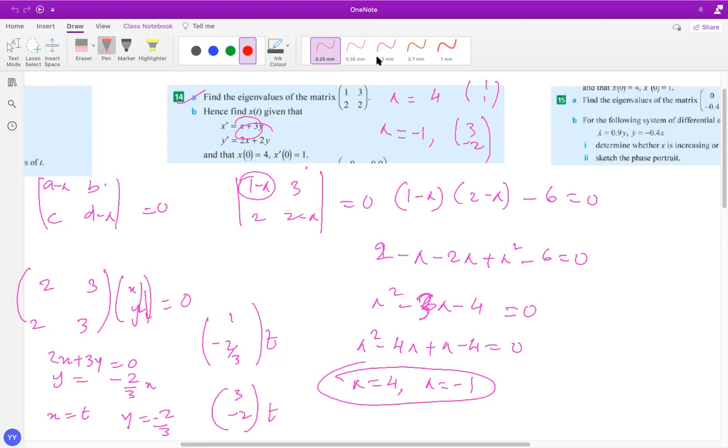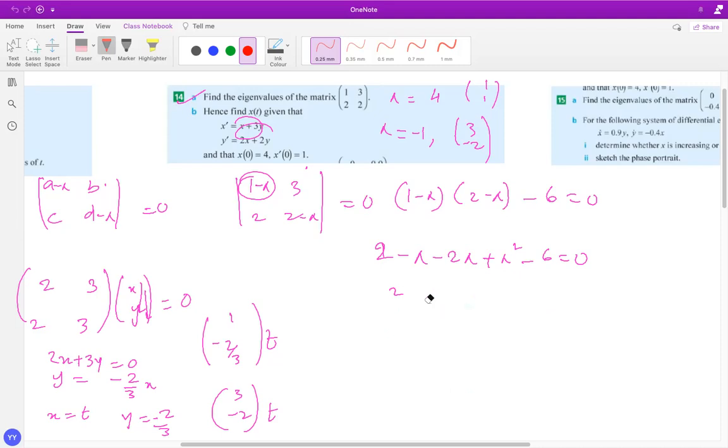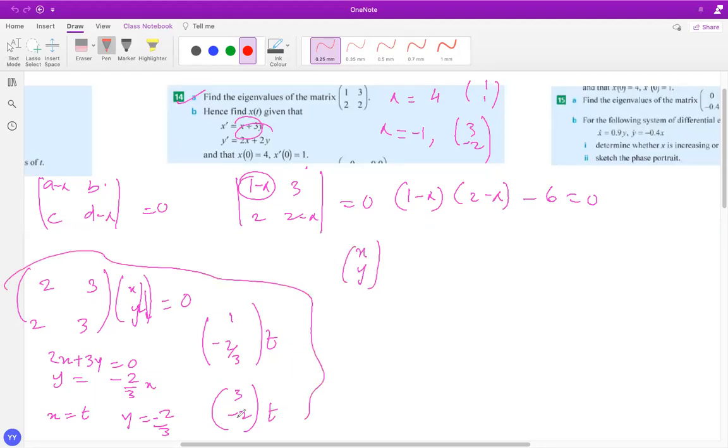Now let's find the general solution of this equation. As we know, the general solution is given by x and y. As I said, this x and y is different. That one was just to find the eigenvector. This x and y is the general solution of this differential equation.